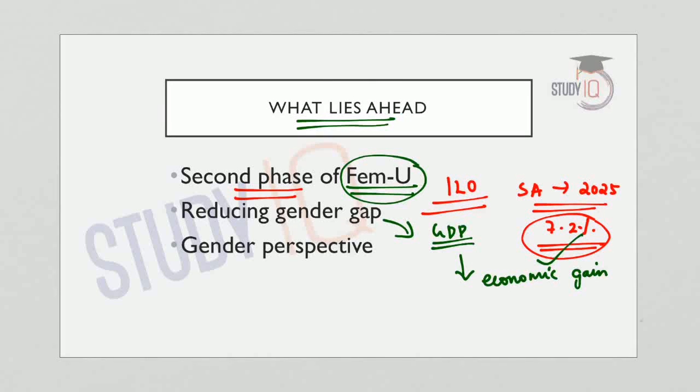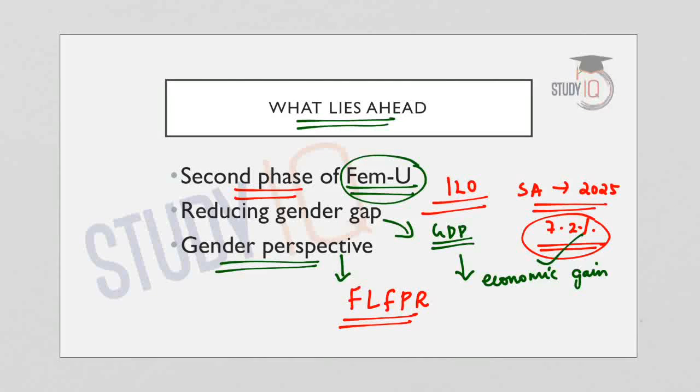So there is an immediate need to invest in public infrastructure in order to increase economic growth by increasing the female labor force participation rate. And also, macroeconomic policy makers should understand the significance of integrating a gender perspective in job creation. This will also improve the female labor force participation rate.